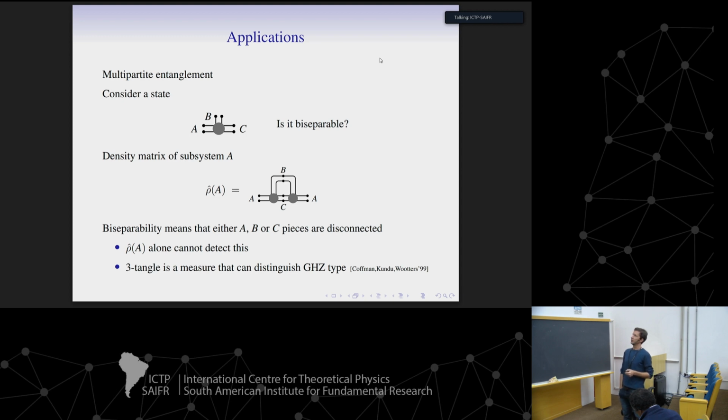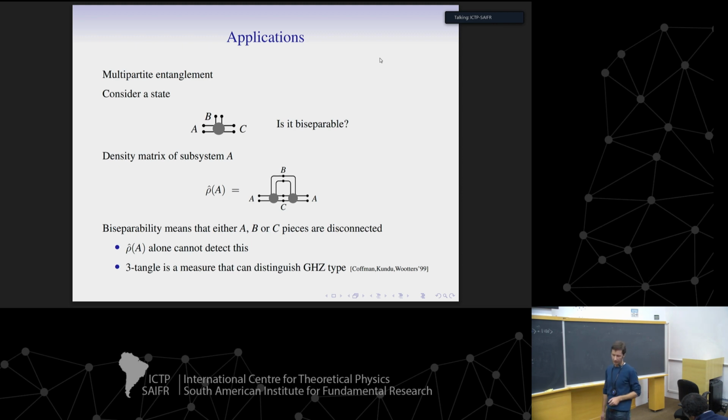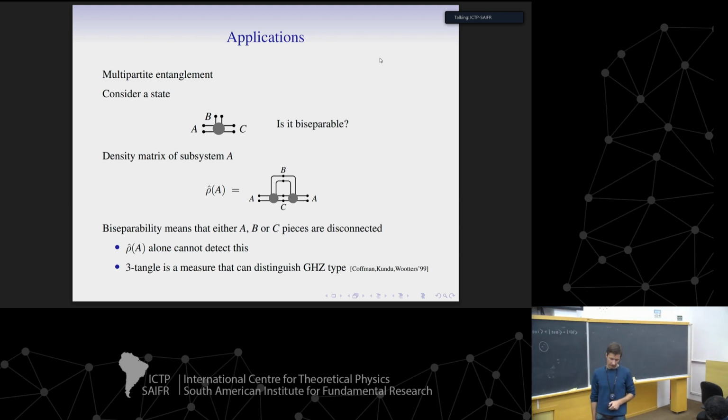If you compute the density matrix of the subsystem A, you just connect B and C, take the square of two wave functions, connect the B and C parts, and then if you're lucky, and A is not entangled, then you can detect that the state is not generally three-partite entangled. But in principle, you need to compute at least two density matrices to detect the three-way entanglement.